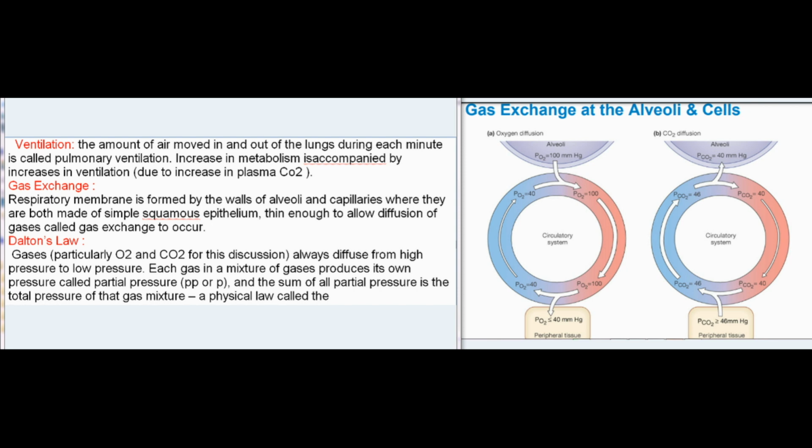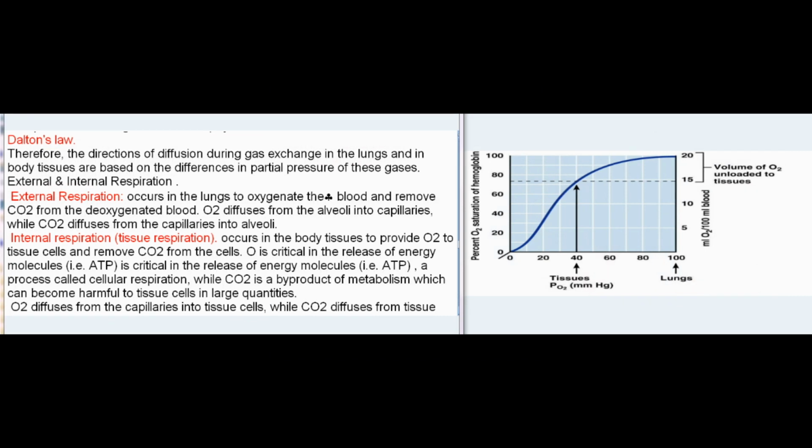Each gas in a mixture of gases produces its own pressure called partial pressure, pp or P, and the sum of all partial pressures is the total pressure of that gas mixture, a physical law called Dalton's law. Therefore, the directions of diffusion during gas exchange in the lungs and in body tissues are based on the differences in partial pressure of these gases.